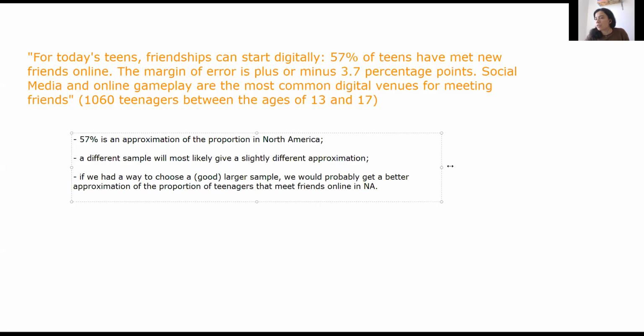All right, so if my sample were a little bit larger, then I should expect my estimation to be slightly better. Show of hands for those of you who understand this.